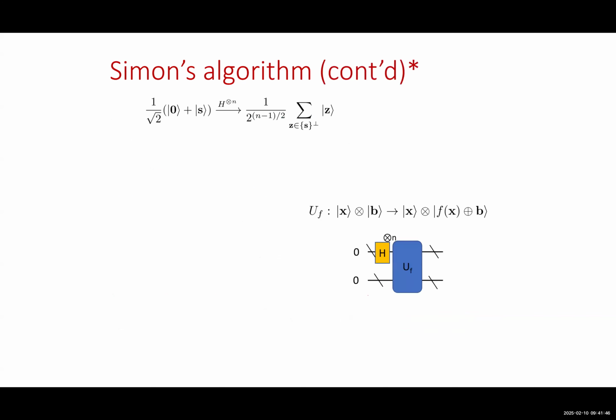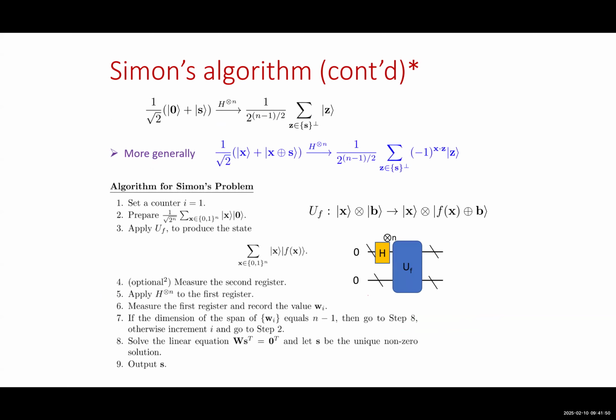Of course, you can also consider more general, right? Why we consider this is when you imagine running through the algorithm, start with all possible superposition of your input, and then you do the function evaluation using this oracle. And then imagine you measure this.